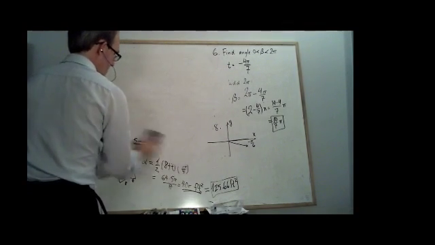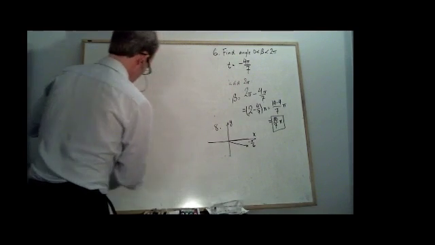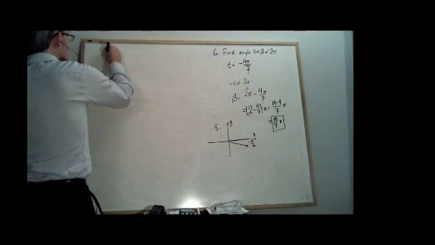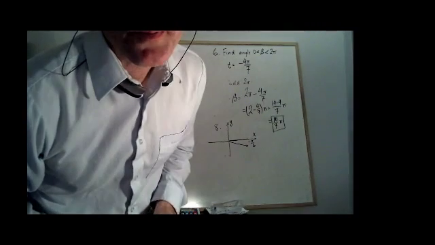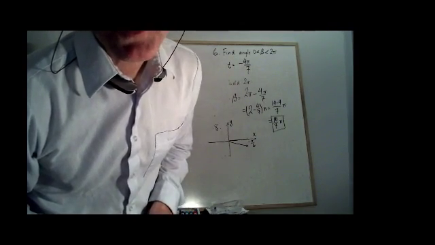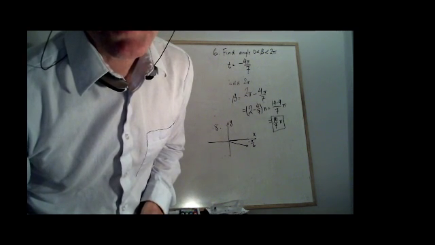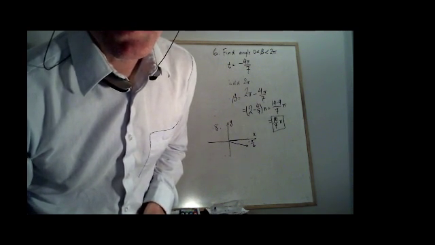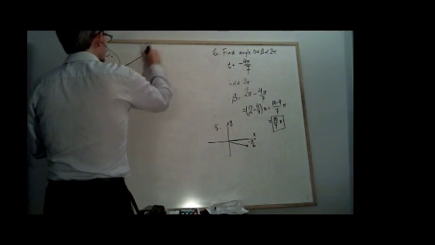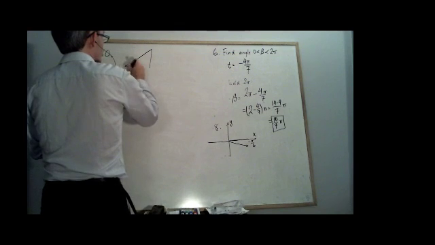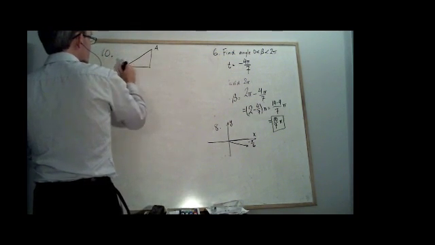Number 10. Find the missing sides of triangle ABC. Sine B is equal to 3 over 4, and c is equal to 12. Let's try drawing it this way.